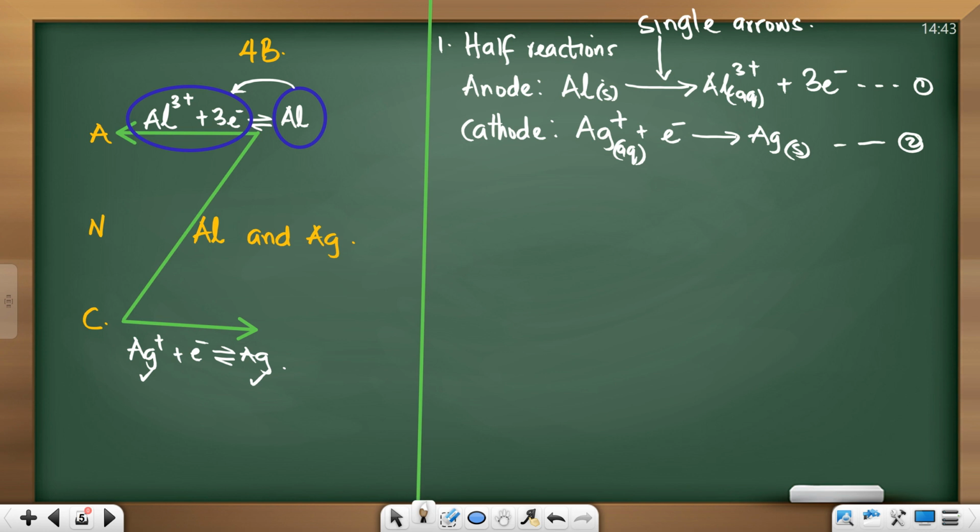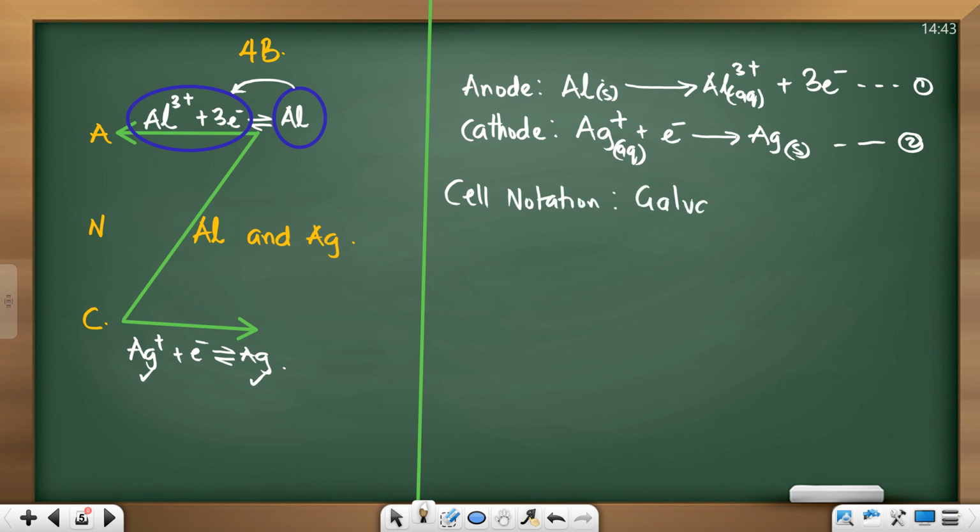The cell notation is only written for the galvanic cell. You start with the anode, then you write the salt bridge, and then you write the cathode.